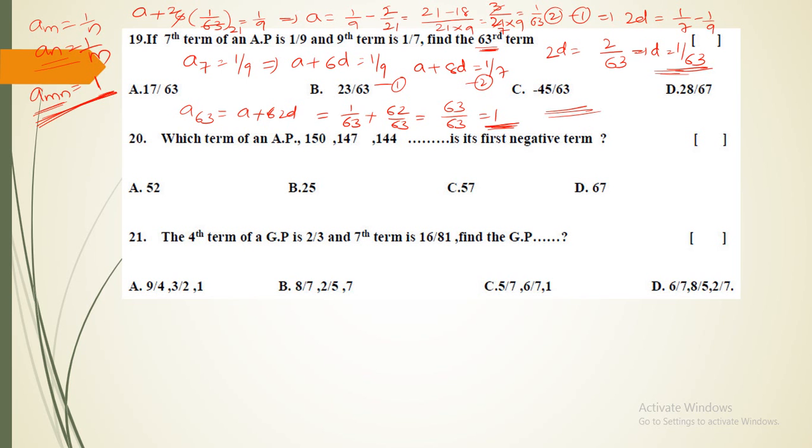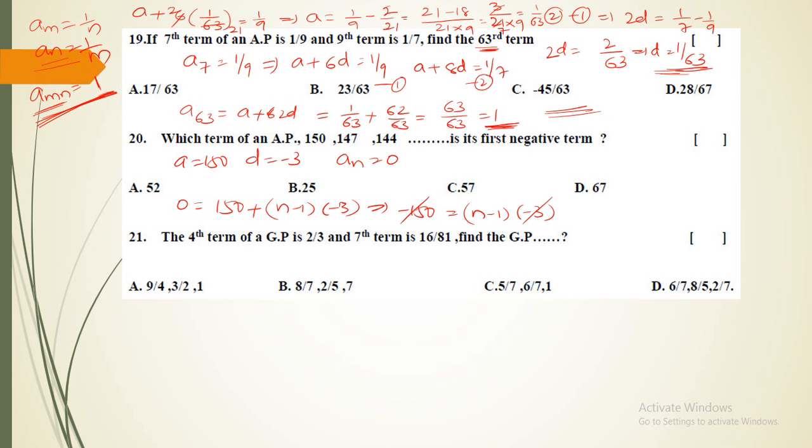Okay. Which term of the AP is first negative? First negative means negative starts after 0, no? So first we are going to find out where it is 0. A is 150, D is equal to minus 3. Suppose my nth term is 0, then 0 is equal to A plus N minus 1 into D. Transposing 150 to the other side, minus 150 is equal to N minus 1 into minus 3.